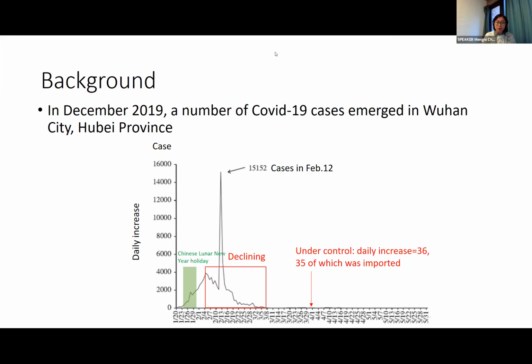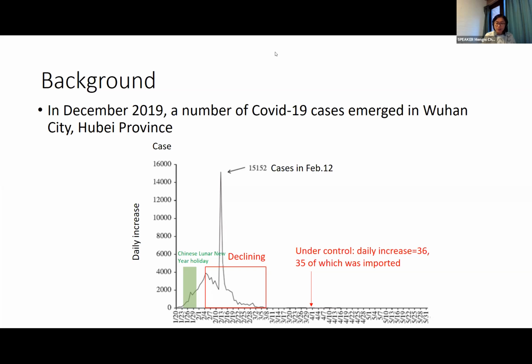Although we observe a very dramatic jump in the daily increase of COVID-19 cases on February 12th, about 15,000 cases that day, that is due to the change in the criteria of confirmation for COVID-19 cases.